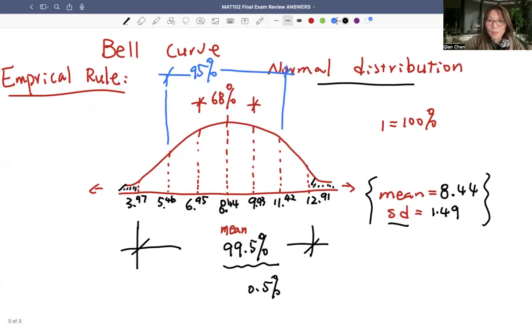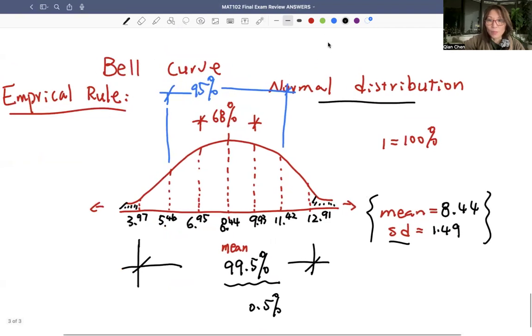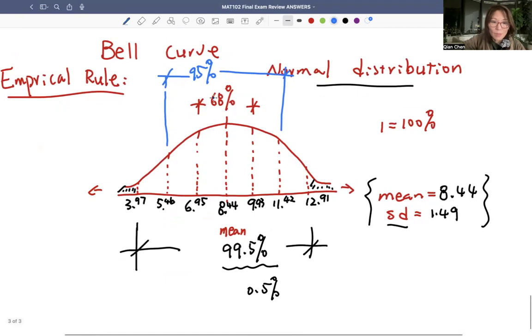So 5.46 is right here, and 11.42 is right here.